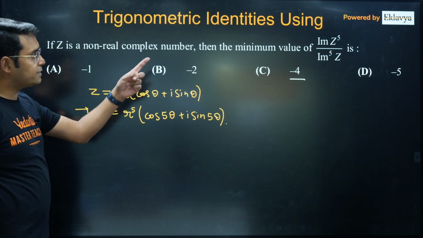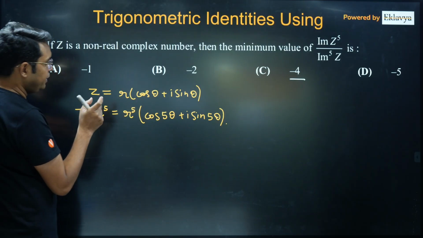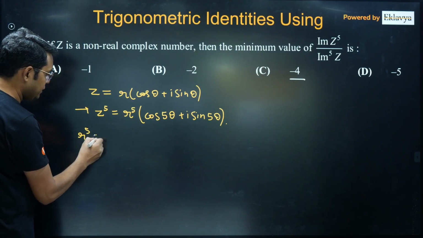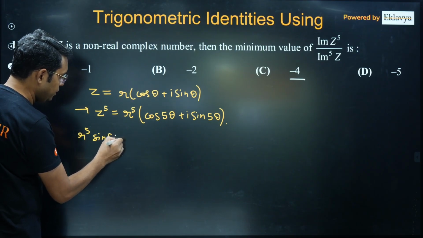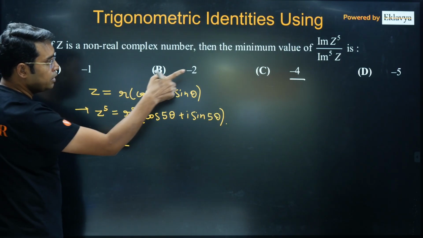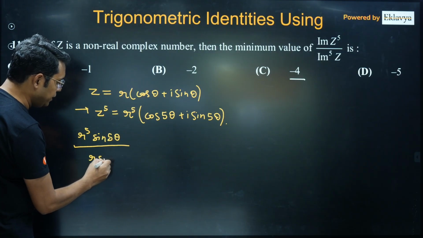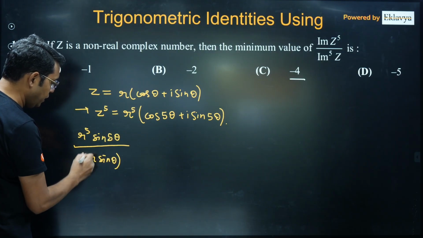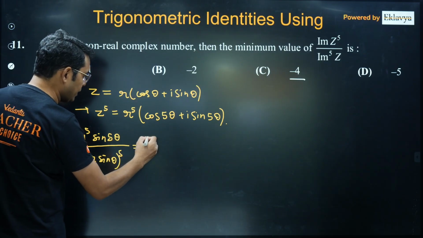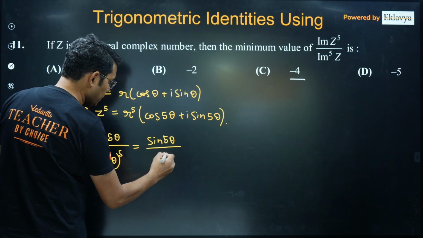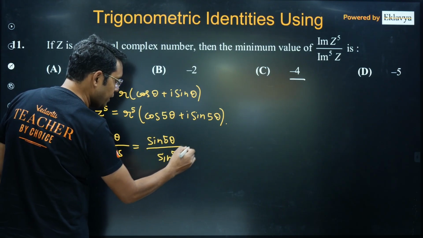Now what are they asking? They are asking the imaginary part of Z power 5, which is actually R power 5 sin 5 theta, upon the fifth power of the imaginary part of Z, which is R sin theta, so R sin theta whole power 5. So this will become sin 5 theta upon sin raised to the power 5 theta.